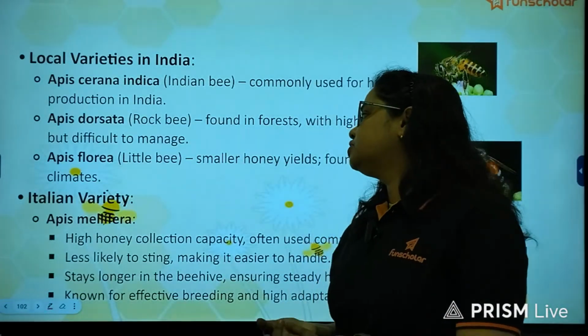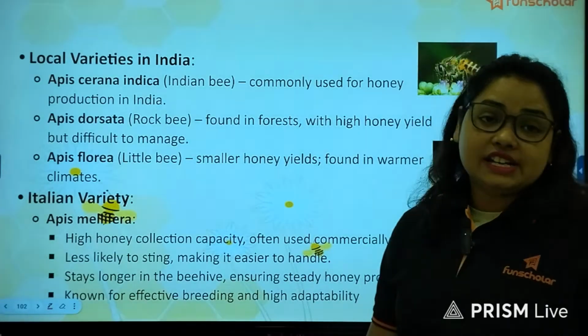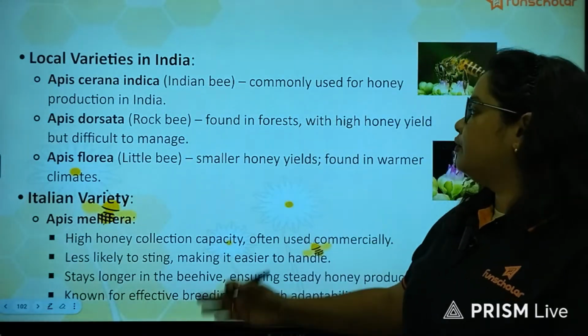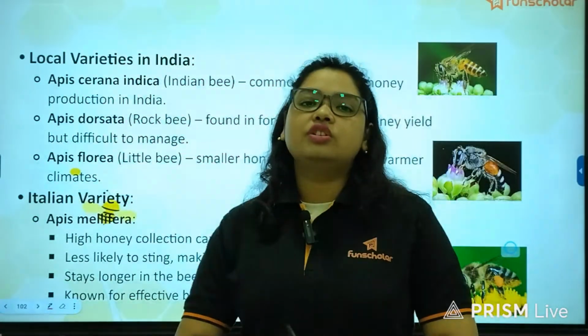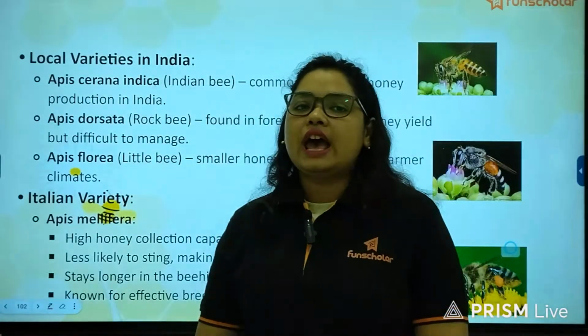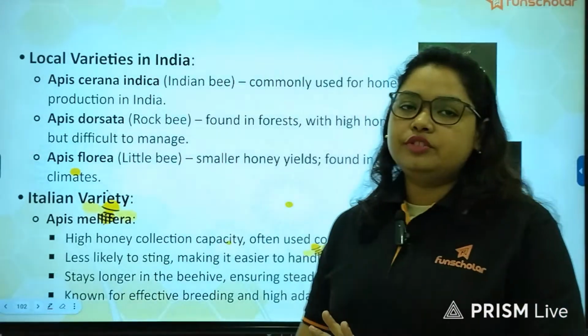So therefore it is said that they are difficult to manage. They are wild species, that is why they remain in the forest, and they are very dangerous. If you go near them, they will sting you, and with the poison, that can actually be very lethal sometimes.